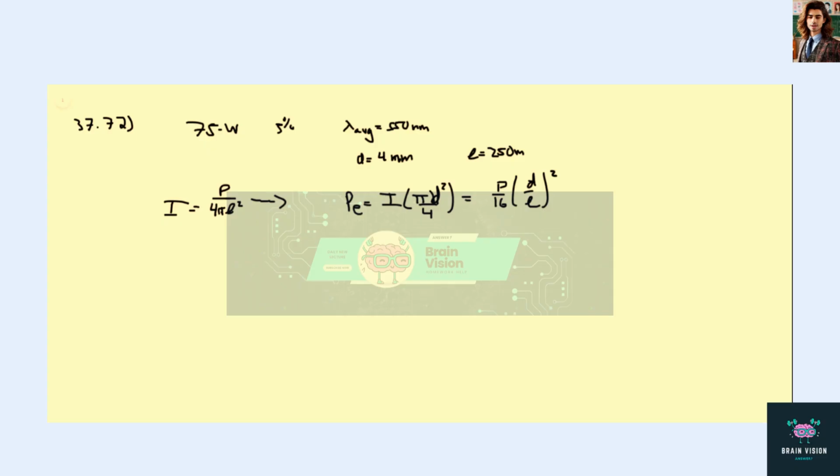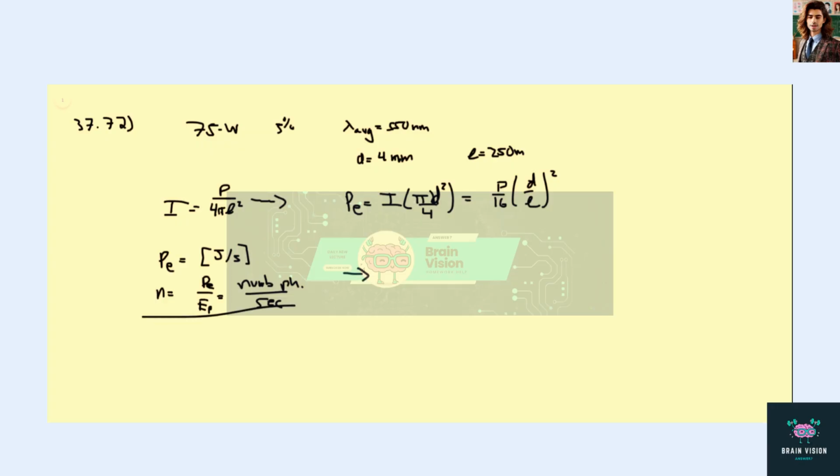Now we can divide this power by the energy in a photon to calculate the number of photons entering per second. PE is given in joules per second, so it is a power. If we're looking for the number of photons entering per second, which we can call N, we take PE divided by the energy in a photon, which gives number of photons per second, the right units we want.